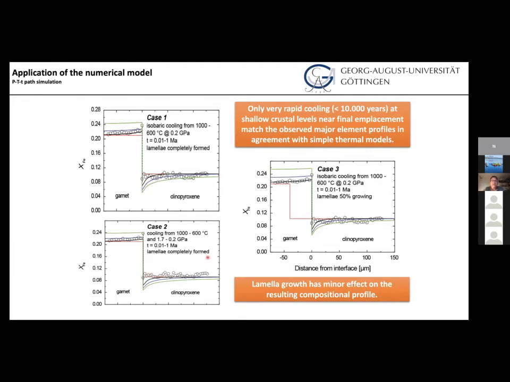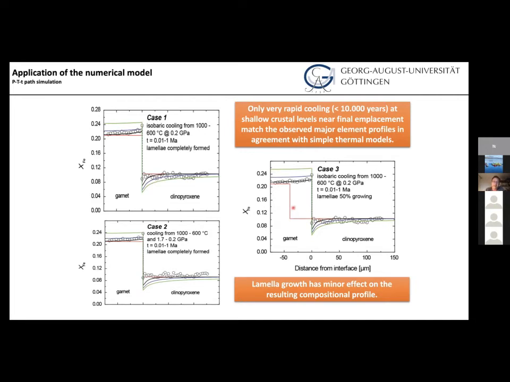And then we said, okay, well, let's be fancy, because these exsolution lamellae are actually growing. So we added a growth component to our model and said, okay, we start with a small lamella of half of its current size, and then move the boundary to its current place. And let's see how this is affecting the profile.